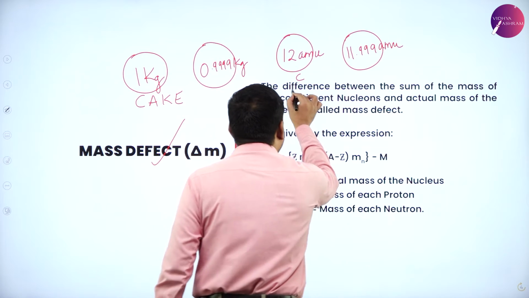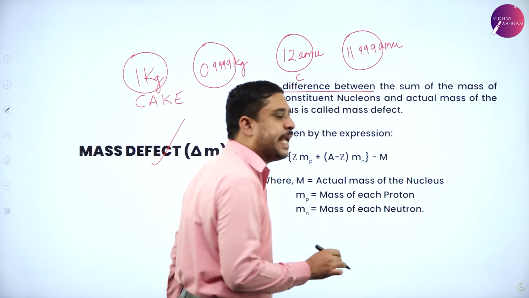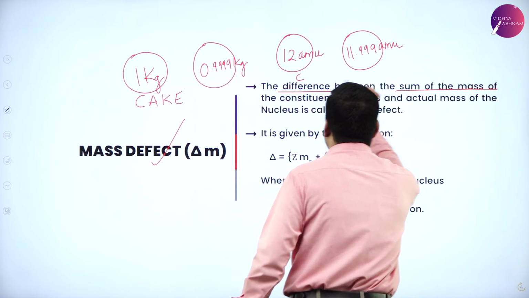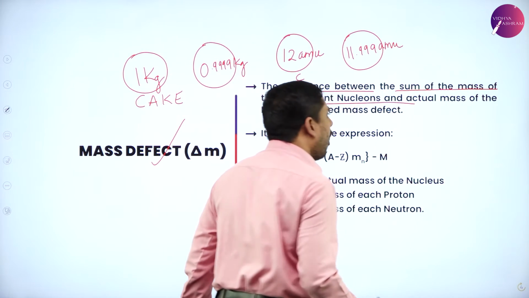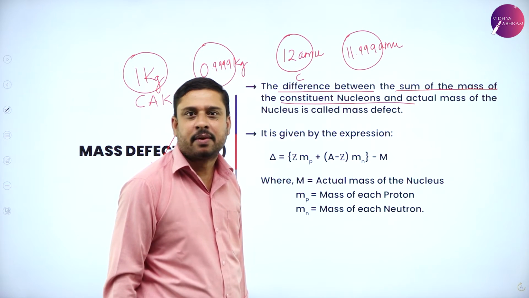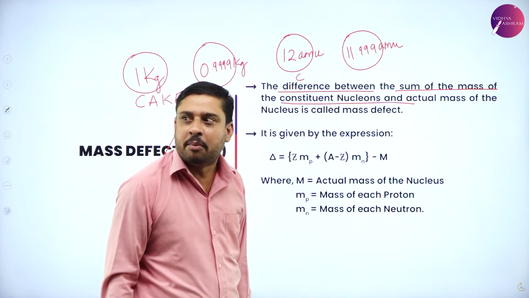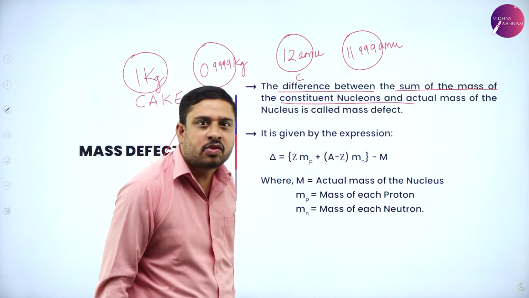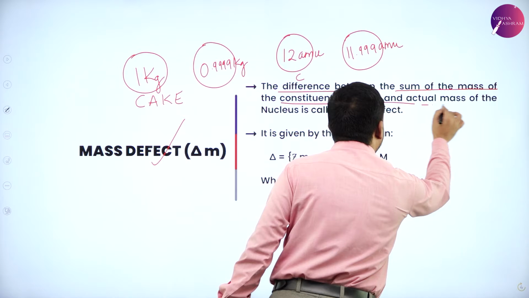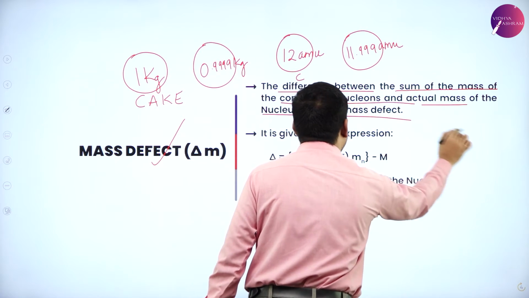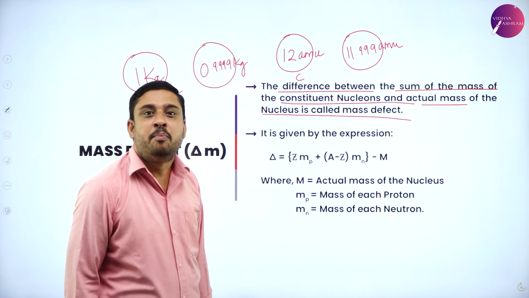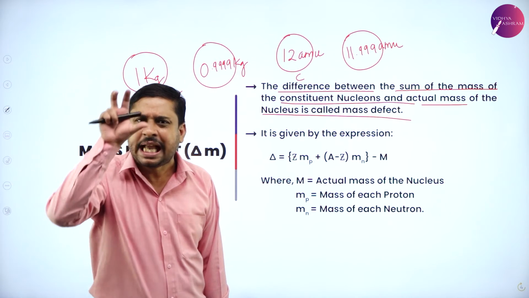So the difference between the sum of the mass of its constituent nucleons and the actual mass of the nucleus is called mass defect.